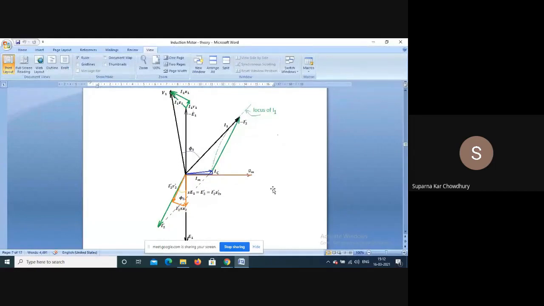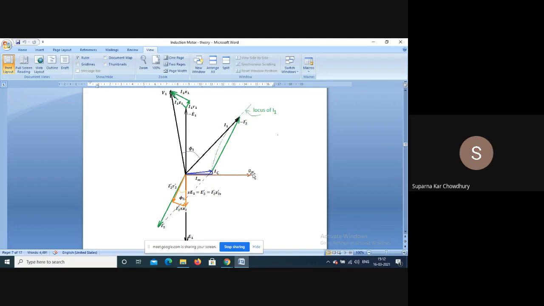The operation is very similar to the transformer, in the sense that there is a flux created by the supply in the primary winding, which is linking the secondary winding, and then an EMF is induced. So the phasor also looks the same.